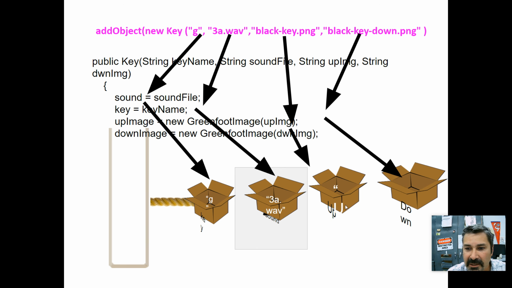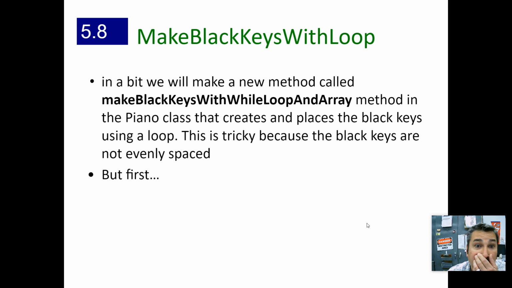Because these are instance variables, they're going to last forever, because key name, sound file, up and down are local variables. They disappear, but that's okay because we've already got them into our instance variables. In a bit, we will make a new method called make black keys with loop and array.